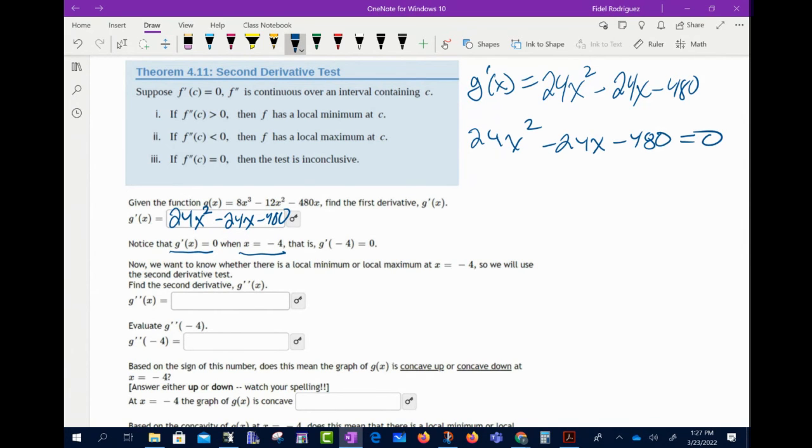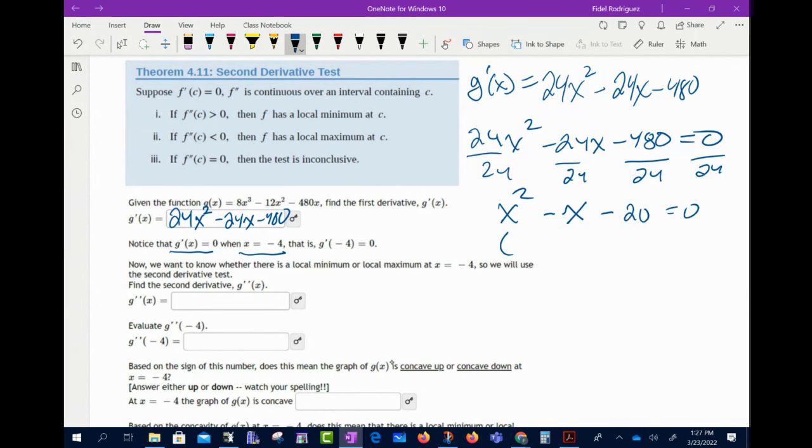If I was going to solve this problem, now, what would be my first step in solving it? What would make this problem easier for me to do? Simplify. Divide everything by what? Let's divide everything by 24. All the way across. And then we would end up with an x squared minus an x minus 20 equals 0.